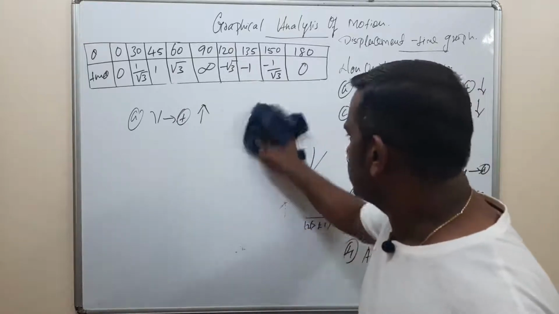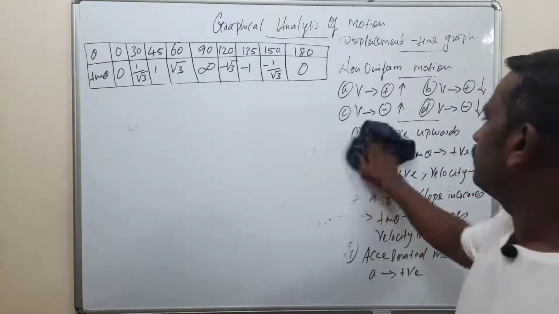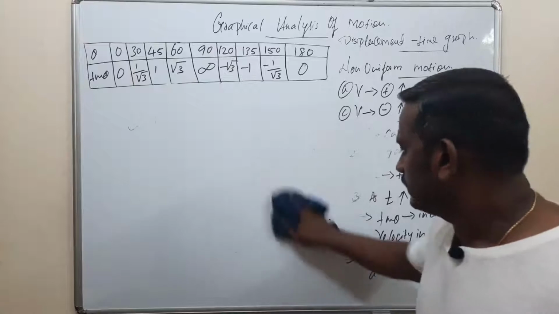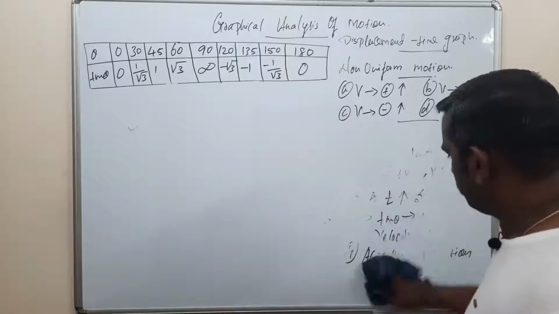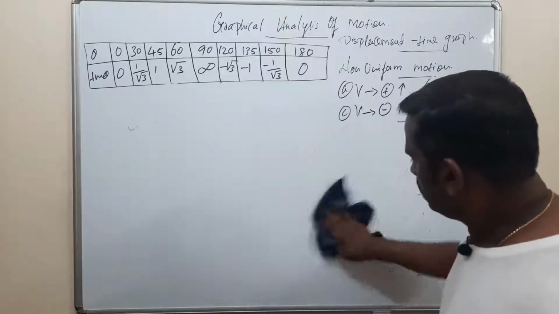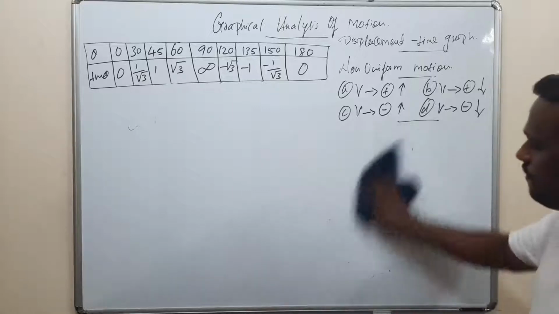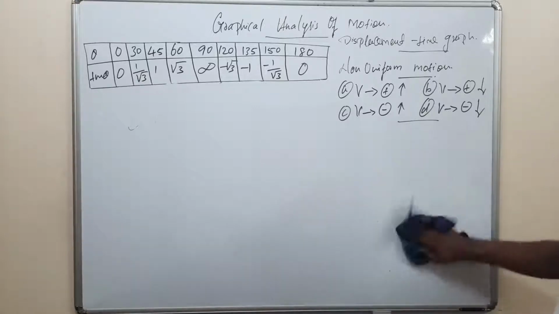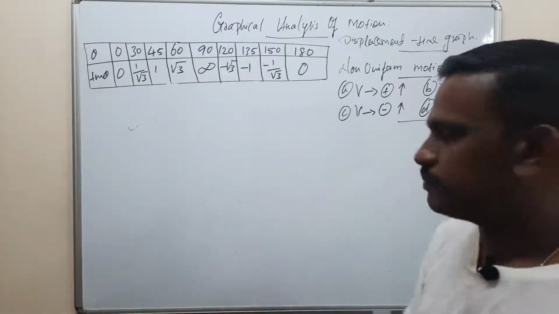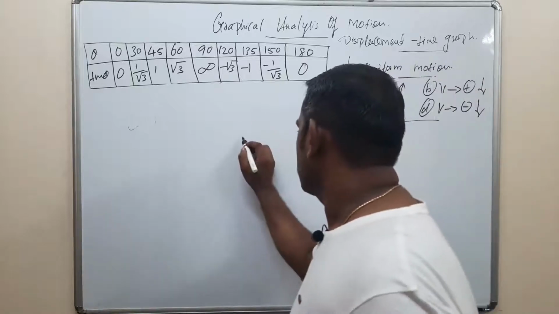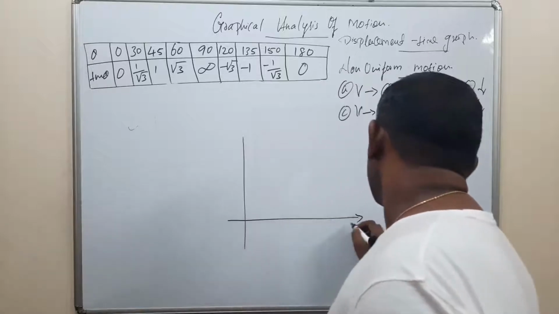Then the next case, velocity positive decreasing. This is the displacement time graph.